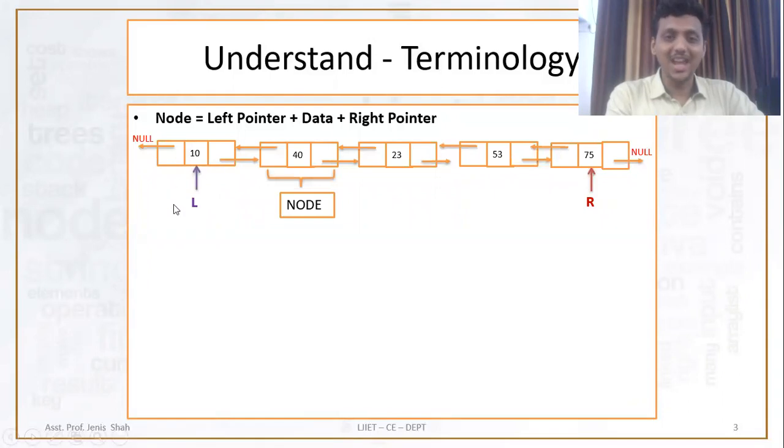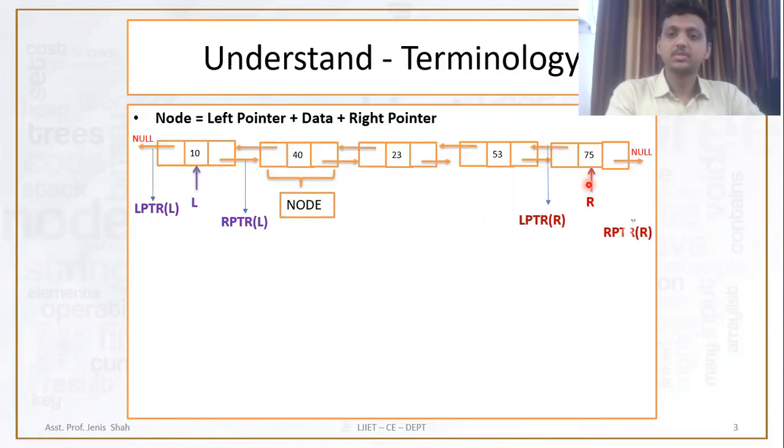If this is L, then the left link of this node is known as LPTR of L, because the left pointer means LPTR, and the right link of this node is known as RPTR of L. The left link of R is known as LPTR of R and the right link of R is known as RPTR of R. We can easily say that in a doubly linked list, LPTR of L is null and RPTR of R is pointing to null.